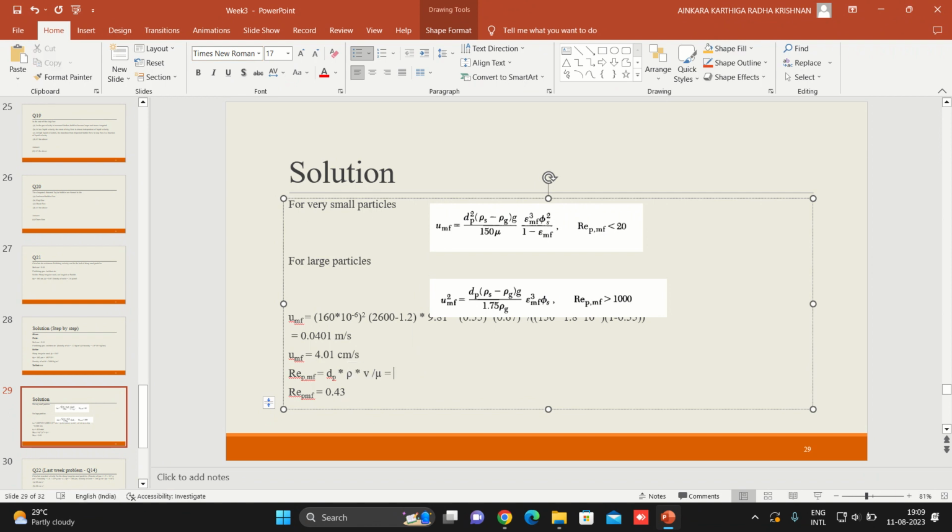So what we'll get, dp is 160 into 10 power minus 6, into rho, which is 1.2, into v, which we got as 0.0401, divided by mu, that is 1.8 into 10 power minus 5.